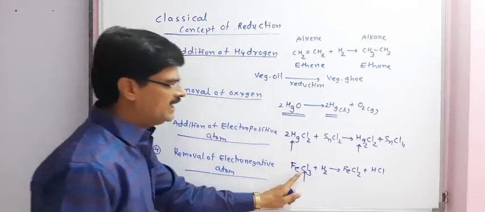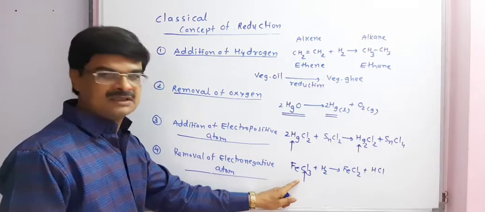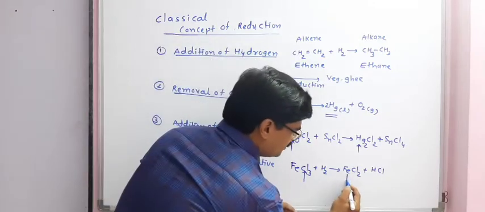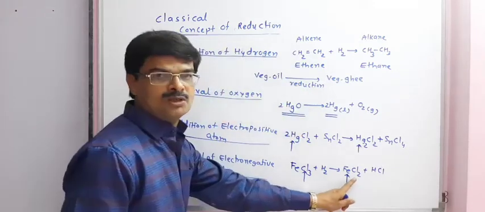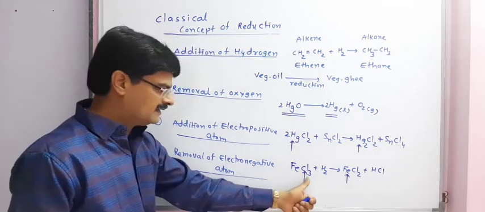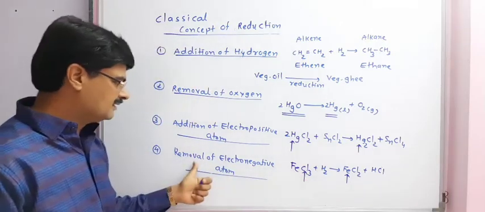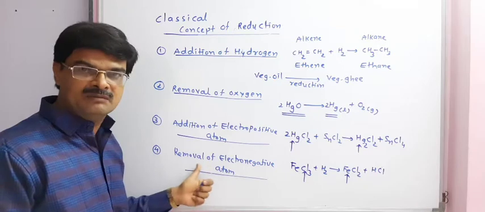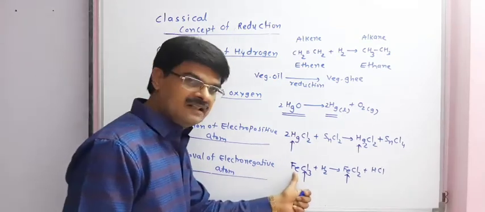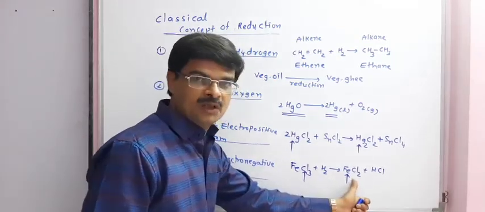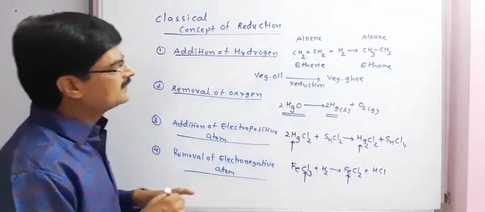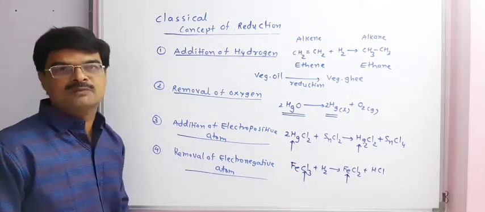Here electronegative atom Cl is present 3 times, but on the product side it is only 2 times. So we can say that Cl is removed, means electronegative atom is removed from the reactant side and it has become less on the product side. So this is about the classical concept of reduction.